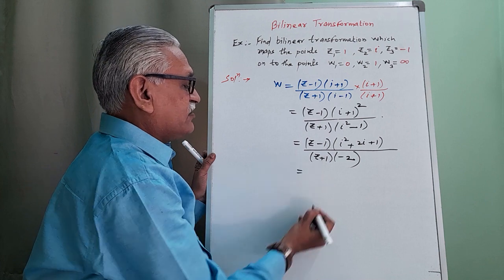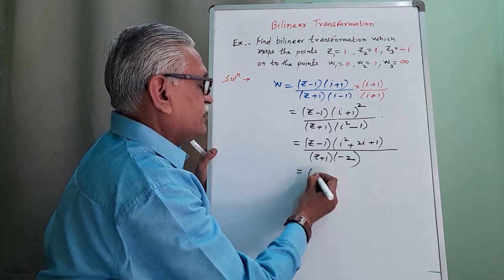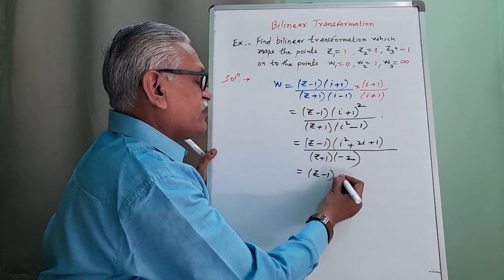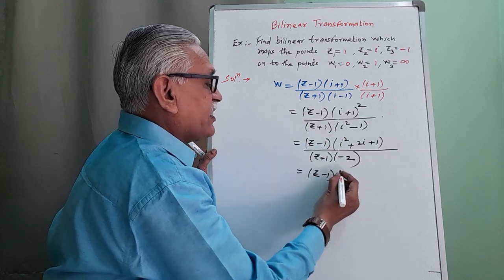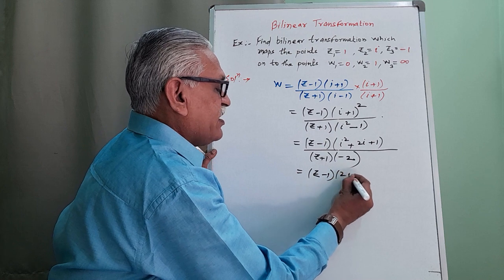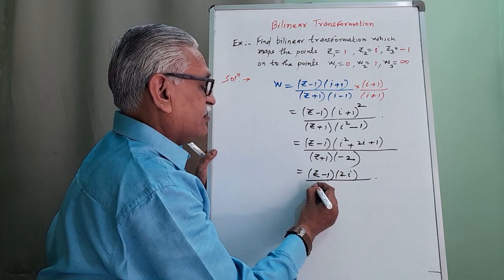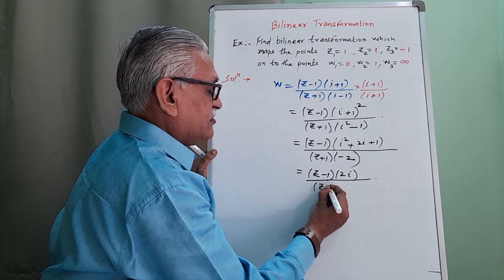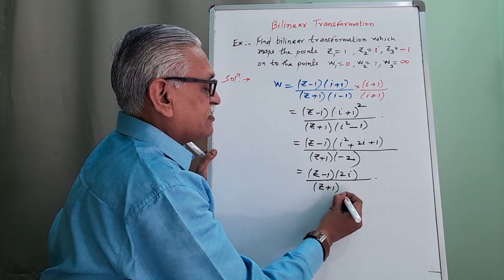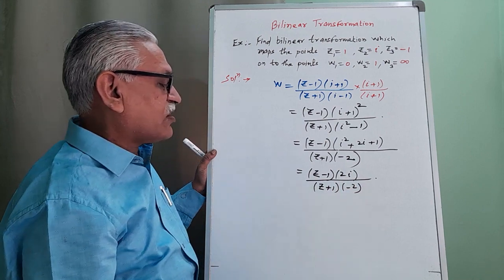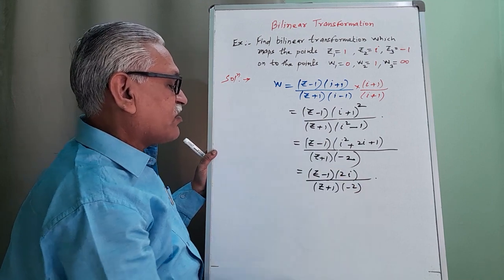We get z minus 1, i square is minus 1. Minus 1 plus 1 get cancelled. We have only 2i, whole divided by z plus 1 into minus 2. The 2s get cancelled.